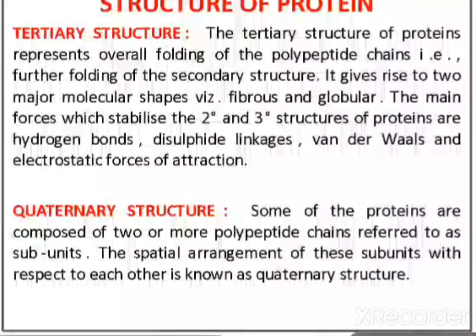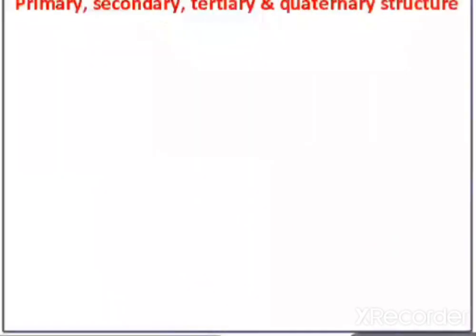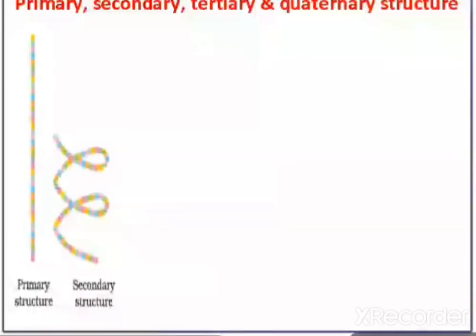So what can we conclude here? In a very simple way, we can conclude the structure of primary, secondary, tertiary and quaternary structure. Primary is very simple, straight, just add amino acids one by one. This is the primary structure. Secondary structure, making a coil. So this one is now getting more complicated.